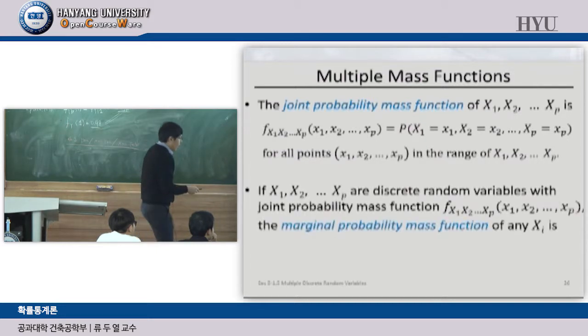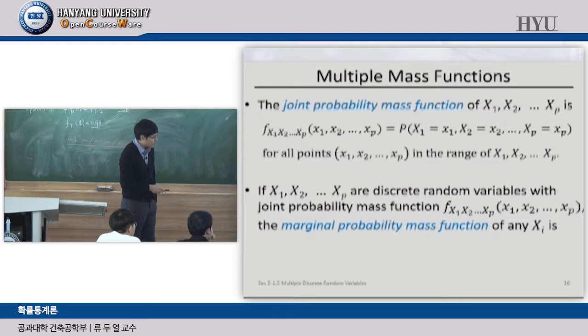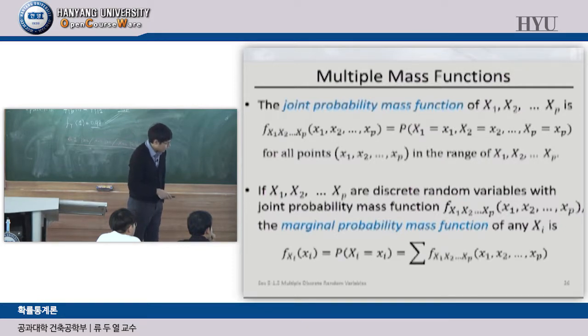And if X1, X2, up to Xp are discrete random variables with the joint probability mass function here, the marginal probability mass function of any Xi is equal to this equation. The marginal probability of Xi is equal to the probability of Xi equal to small xi. That is the summation of the joint probability mass function. Okay?